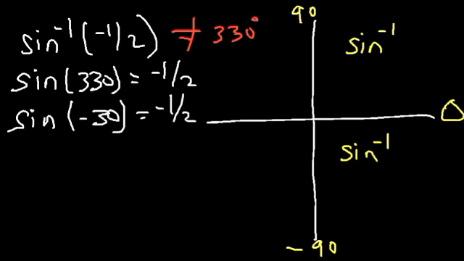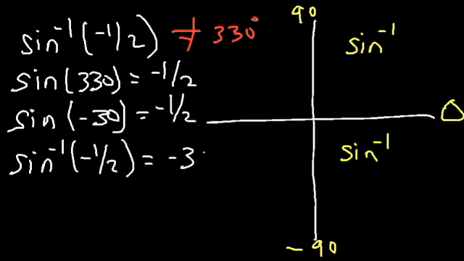However, negative 30 is in the range of negative 90 to 90. That's the range of the inverse sine function. So negative 30 works. So the inverse sine of negative a half is indeed negative 30 and not 330. Even though both are in the right quadrant, negative 30 is in the restricted domain of inverse sine, which is between negative 90 and 90. So make sure you're aware of that.